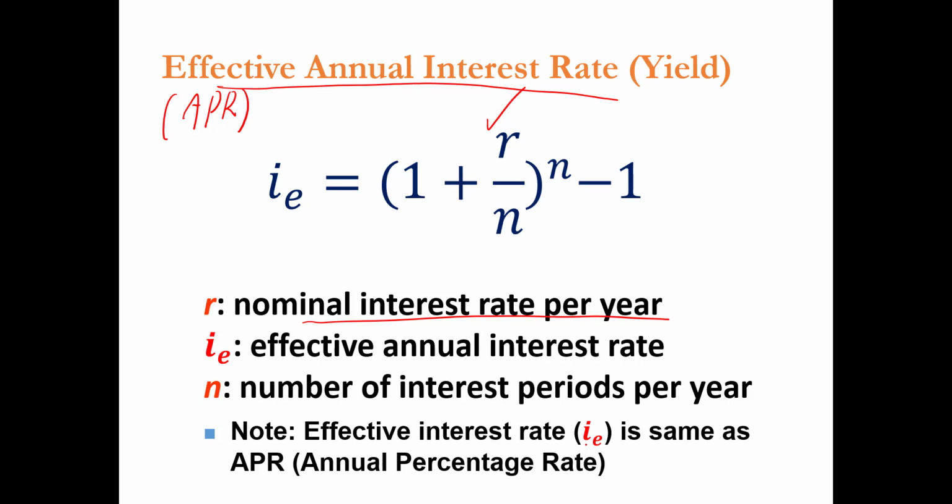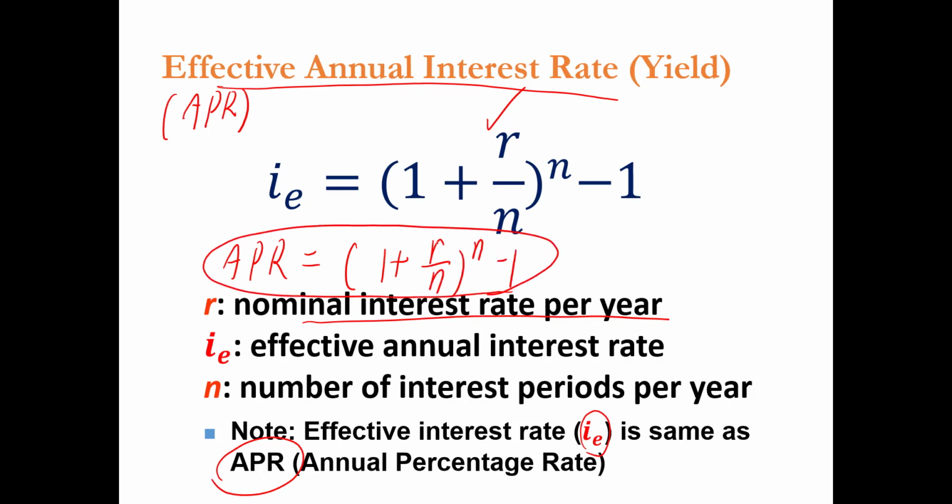So the effective interest rate i_e is the same thing as APR, and the APR formula will be exactly the same. Here R represents the nominal rate.